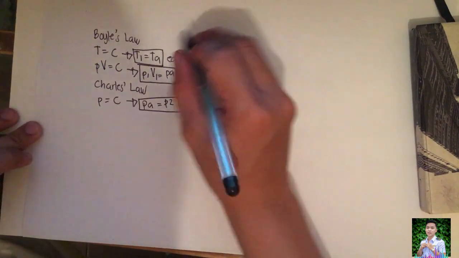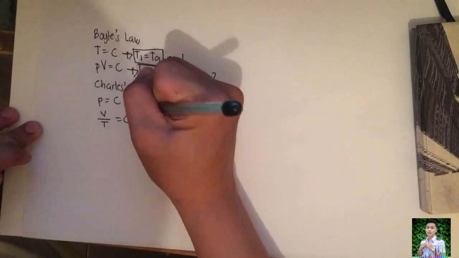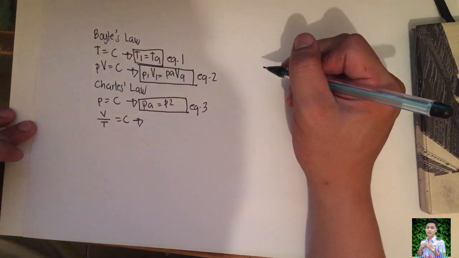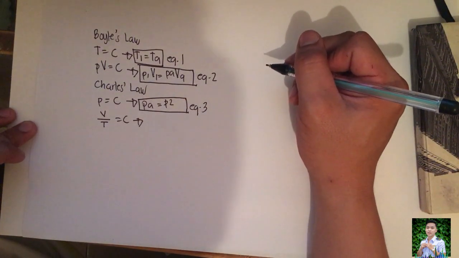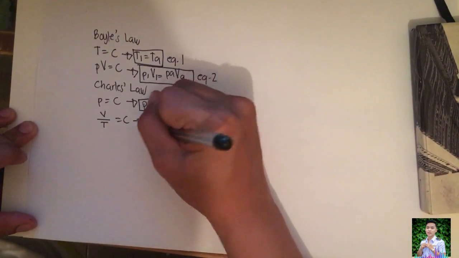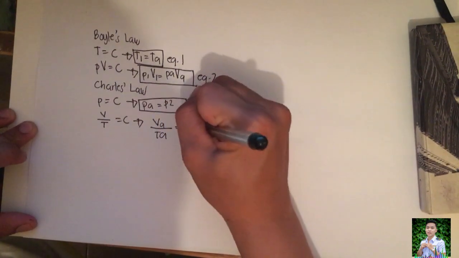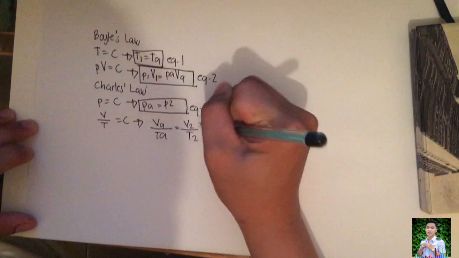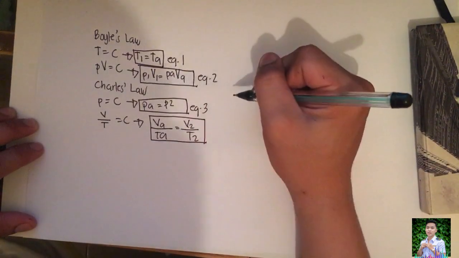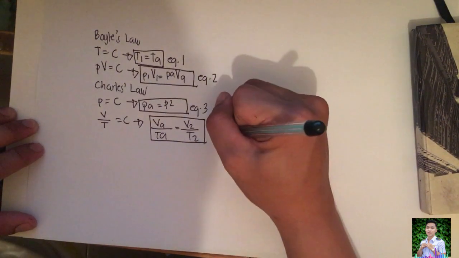And also, V over T is equal to C. It means that VA over TA is equal to V2 over T2. And this would be our fourth equation.